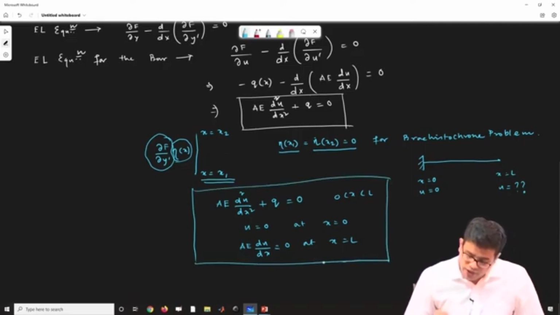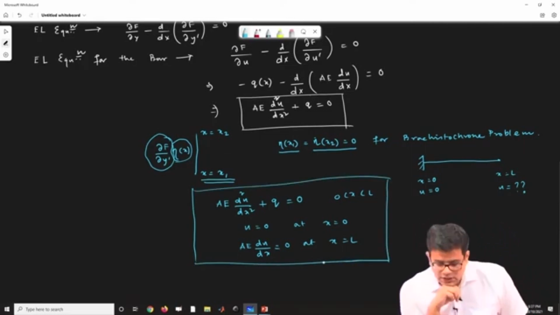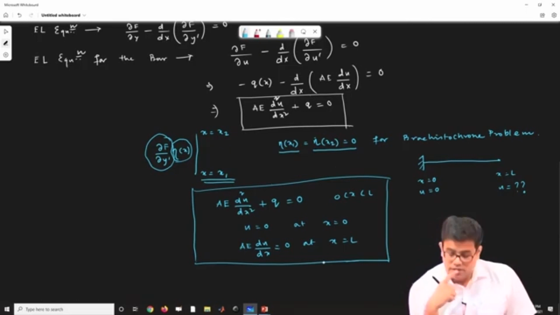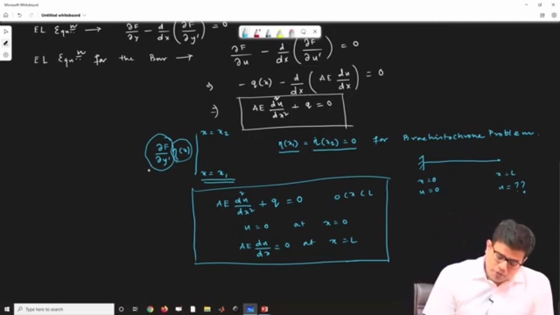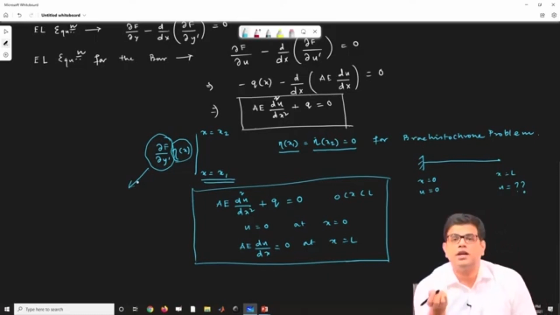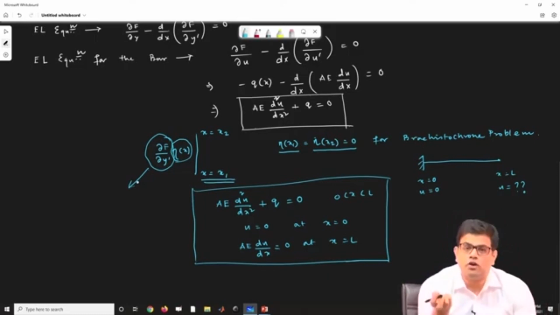So this functional minimization also leads to the boundary conditions of the physical system. There are two types of boundary conditions we observe: the Dirichlet boundary condition, and the Neumann boundary condition, or the force boundary condition.